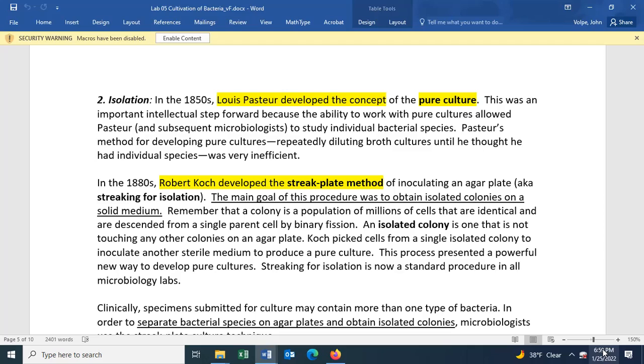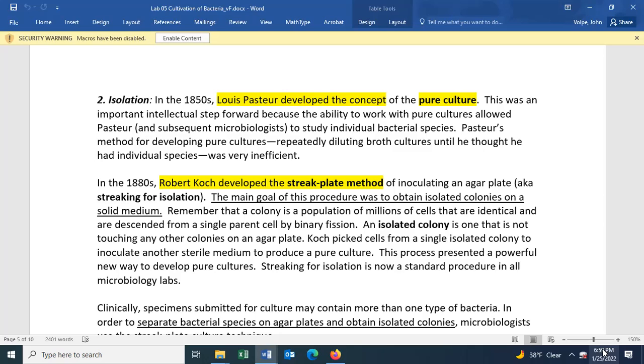If you only do it one time, you may not have a pure culture. And it's true the majority of the times it'll be a pure culture, but if you only do it once, streaking for isolated colonies one time on an agar plate, you'll probably only have about 70% of the colonies that are one pure species.